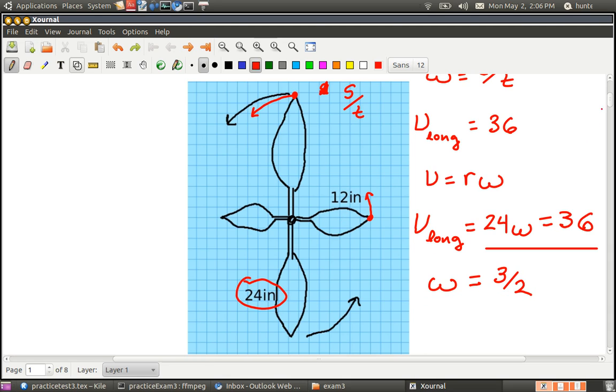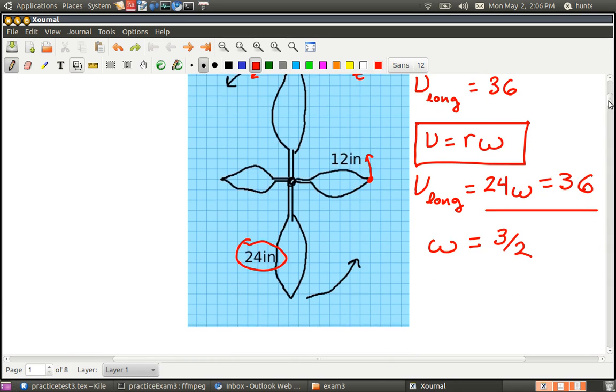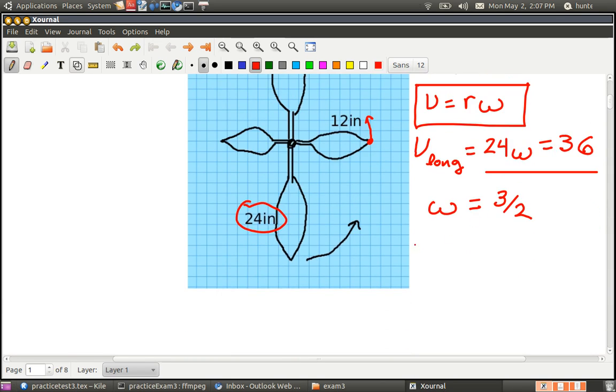So now I can use the same formula again, except now I'm going to use it for v being the linear velocity of the short blade. The linear velocity of a point at the end of the short fan blade is still r times omega. Now r is 12, because the short blade has a shorter radius. And omega is still omega.